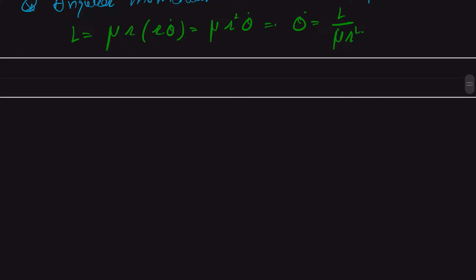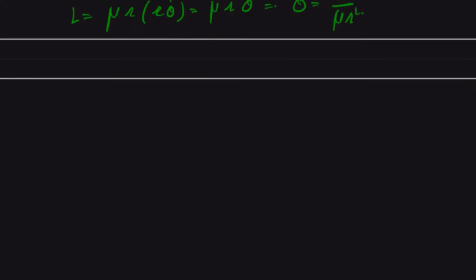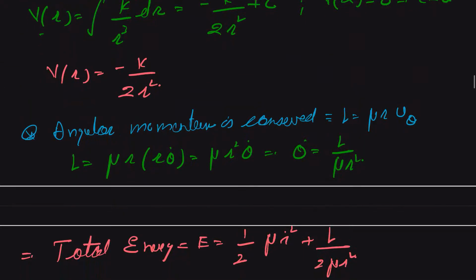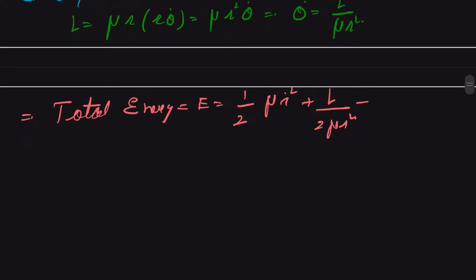Our total energy, which is E, is 1 upon 2 mu r dot square plus L upon mu r square, and we just calculated our potential, that is minus k upon 2r square.